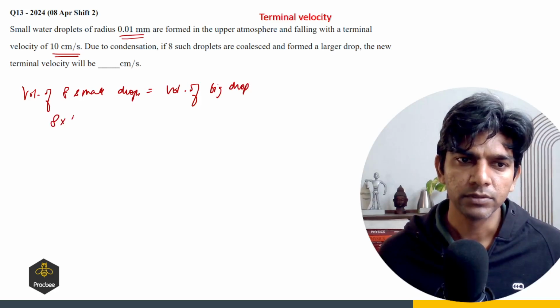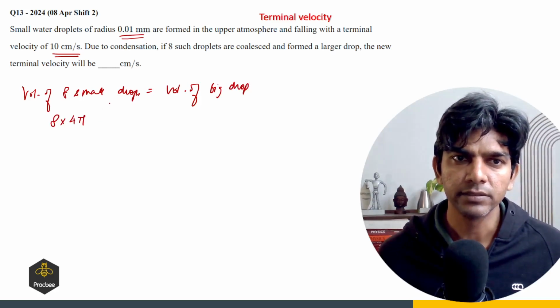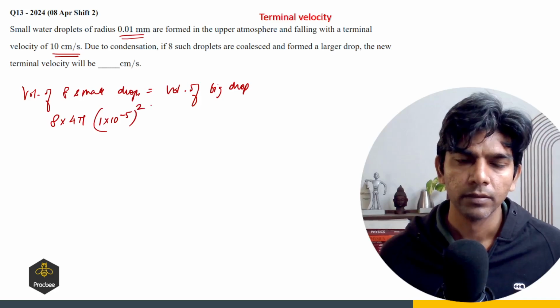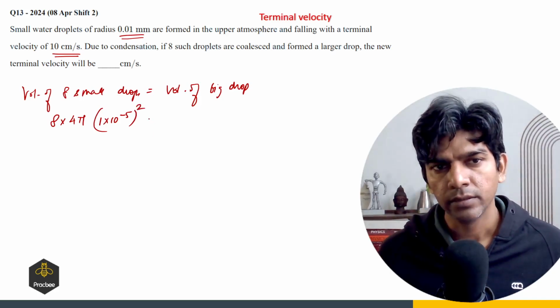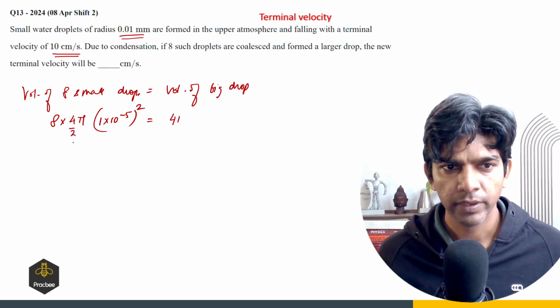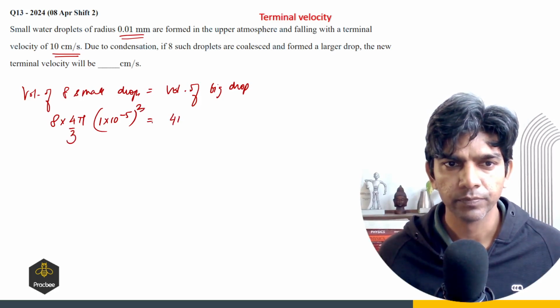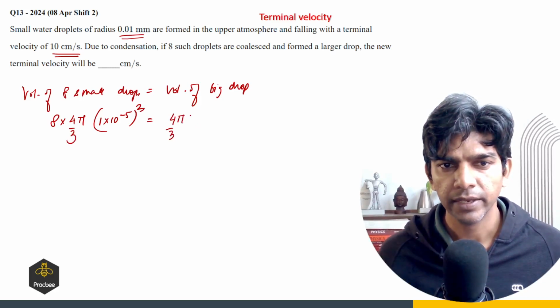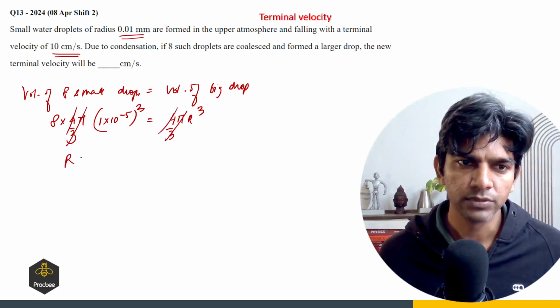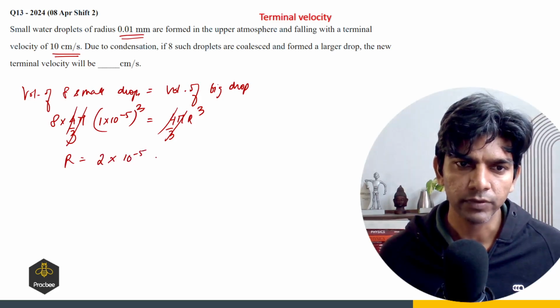So 8 times 4 by 3 pi r cube, radius is given as 1 into 10 raised to minus 5 meter, and this will be equal to 4 by 3 pi capital R cube. So 4 by 3 pi will get cancelled out. So R comes out to be 2 times 10 raised to minus 5 meters.